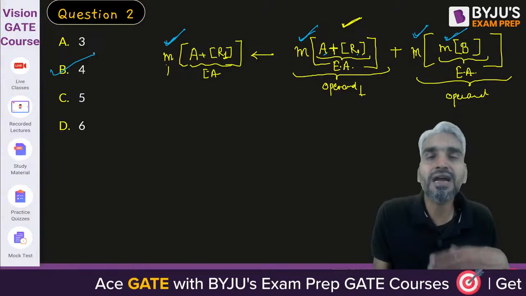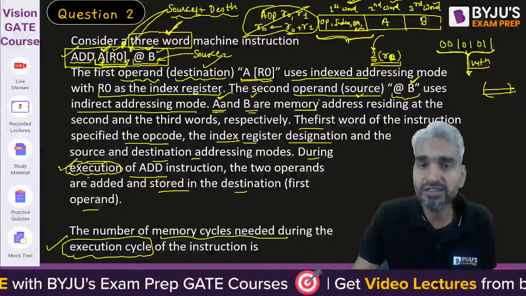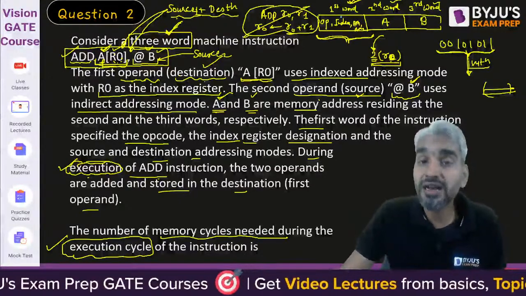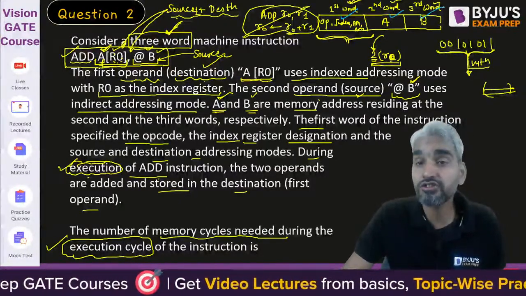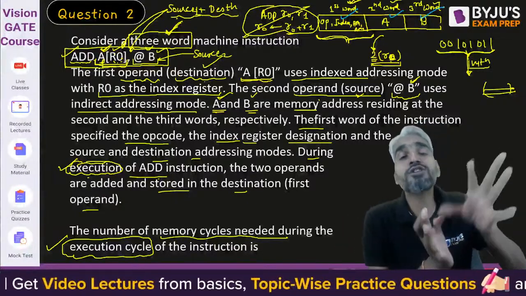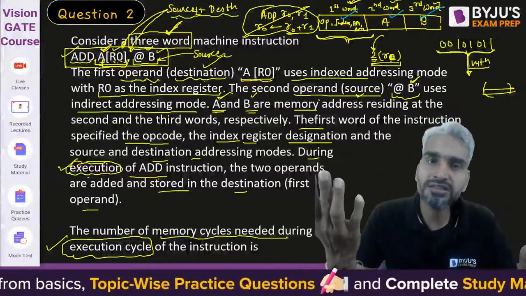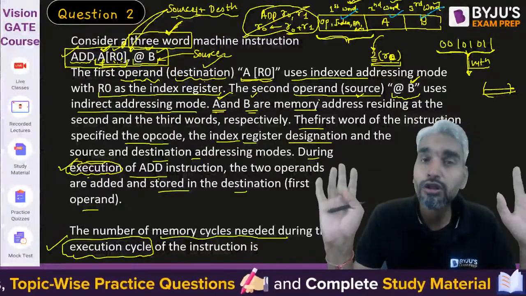If somebody asks how many overall memory cycles are required, obviously the answer will be 7, because there are 3 words in this instruction. You cannot execute the instruction until you fetch all the words of that instruction. One word can be fetched in one cycle, therefore 3 memory cycles for fetch.